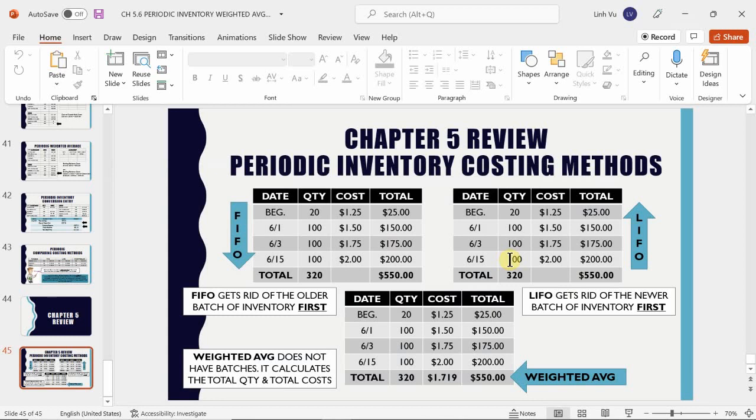Same thing with LIFO. Instead of having to go through the whole entire costing, maybe solving for your ending inventory will work better for you. It's easy if you're able to understand the concept. But if it's not so easy, then just stick with using the costing method where you eliminate one at a time in the order that you need to.